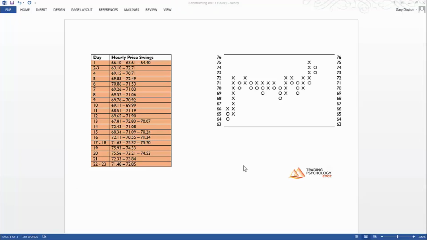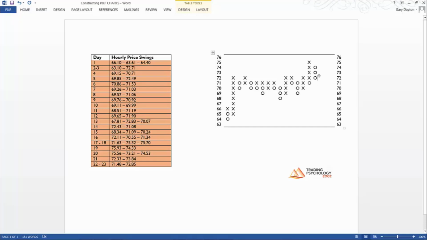And then the final days on this chart see the market fall down to 71.48. And we're at 73, so we can add some figures to our chart. We can add 72 in there. We can't go lower than that to 71 because 71.48 is larger than 71.